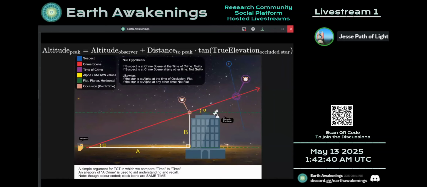If we know the star and we know the occlusion time, we can get the azimuth angle. If we've got the azimuth angle, we can tell which mountain it clipped behind. I think that doesn't work because, once again, you're going to predict a different angle to the mountain than we do.